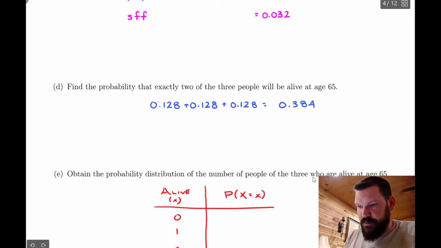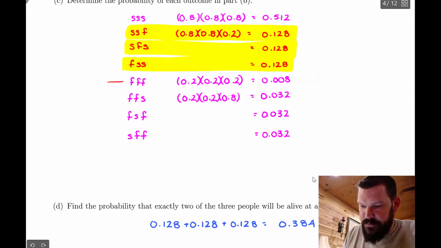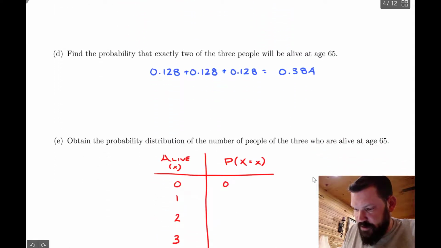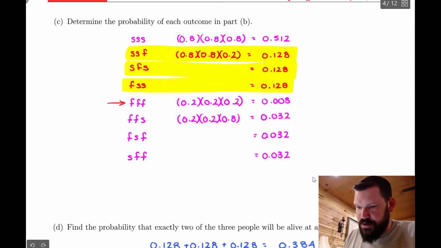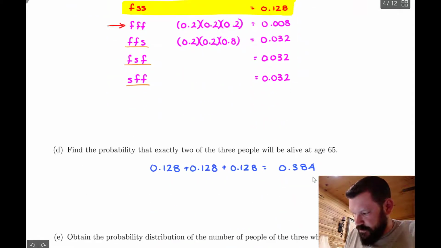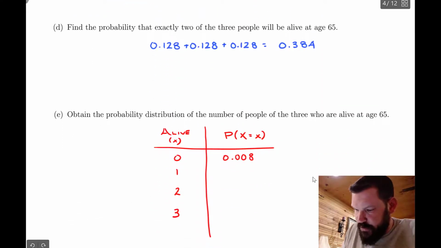So if we go back up to our table, the probability that nobody is alive is 3 failures. That's the only condition where we have that, so that's 0.008. The probability that 1 person is alive is just 1 success, here, here, and here. We would add those 3 together, and it's 0.032 for all cases, so that would be 0.096.